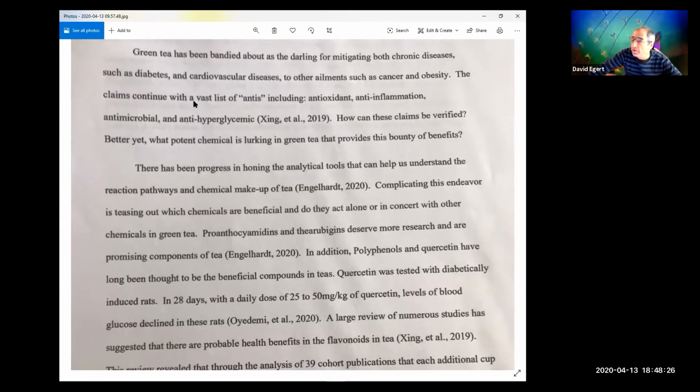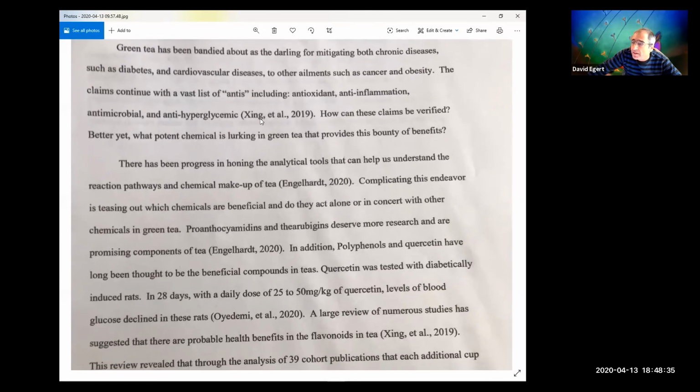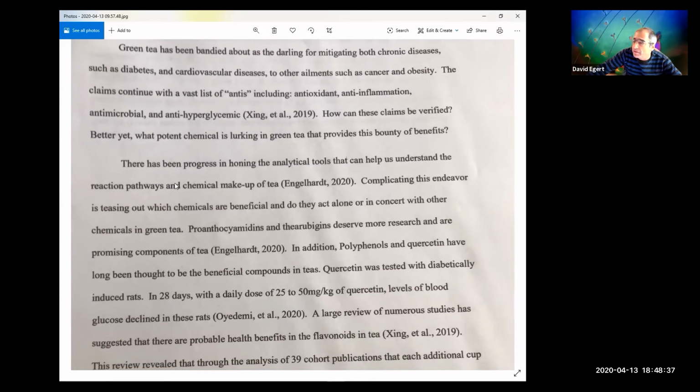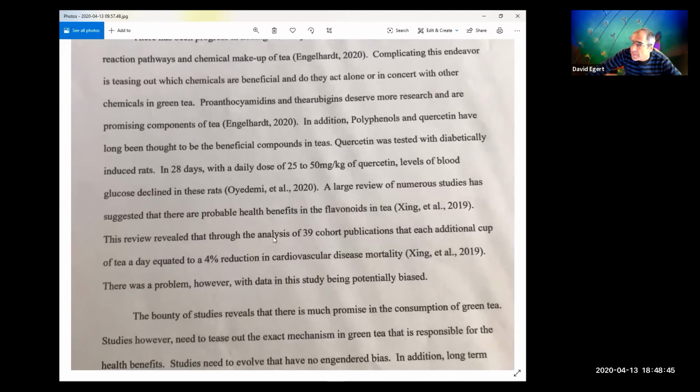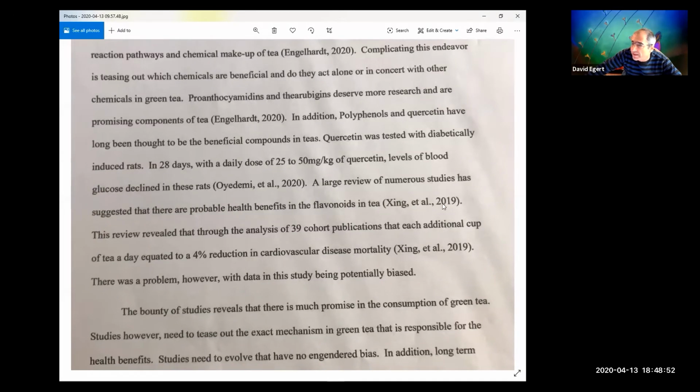So this person claims something and then there's a reference. Then there's a large review of studies that suggests there are probable health benefits in the flavonoids in tea, Zhang et al. Whenever you say something that's not just common knowledge, you have to say, according to where?